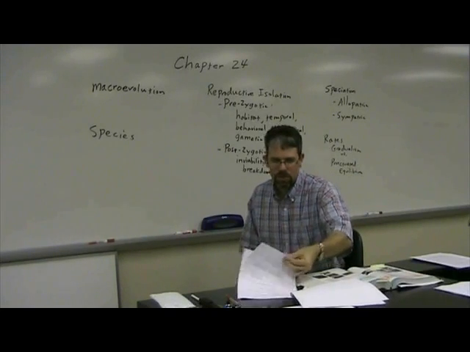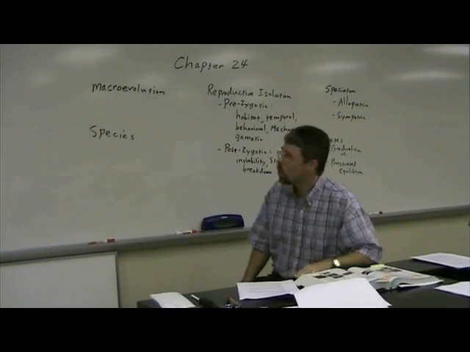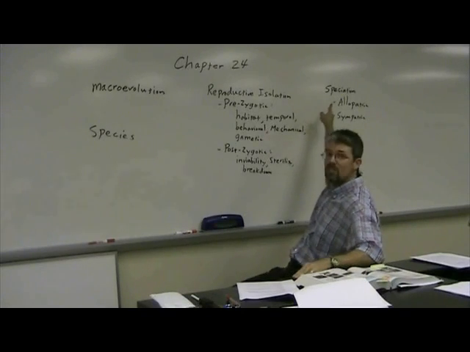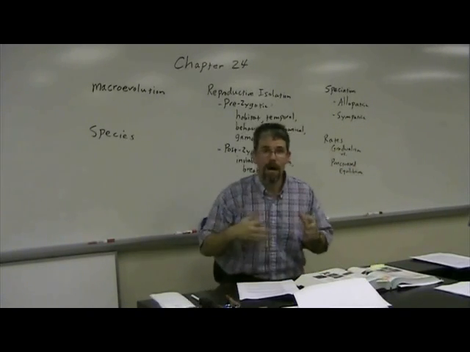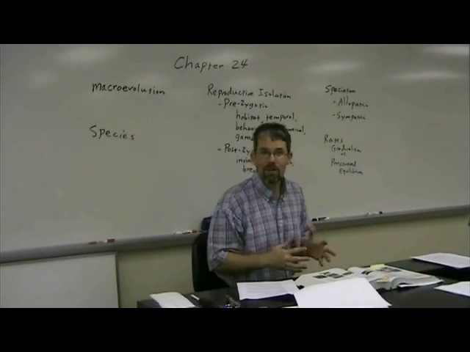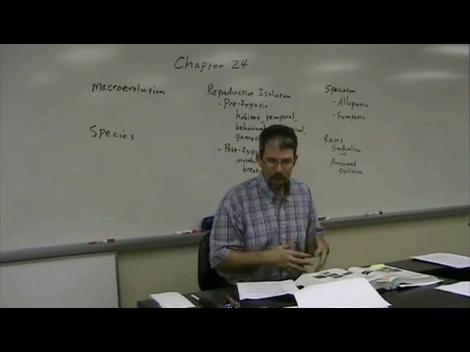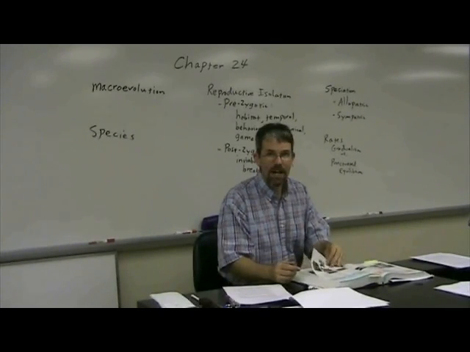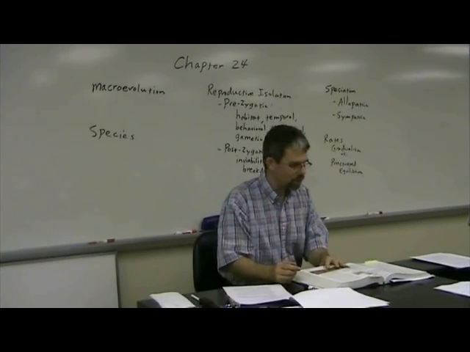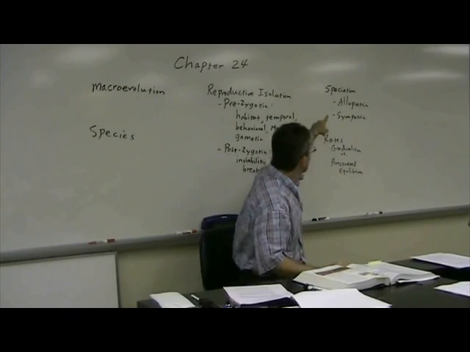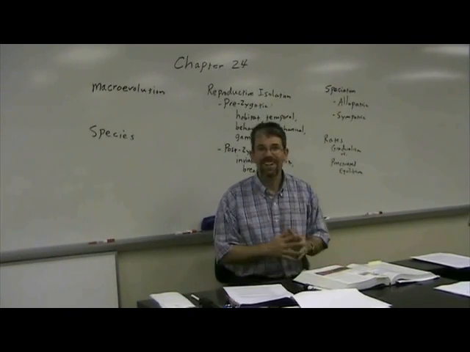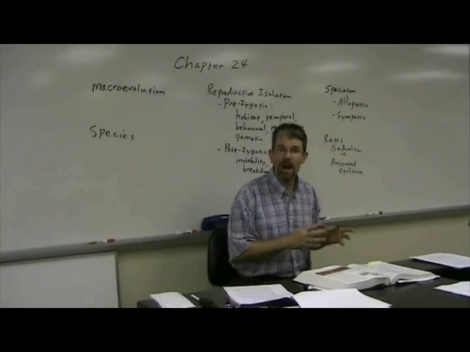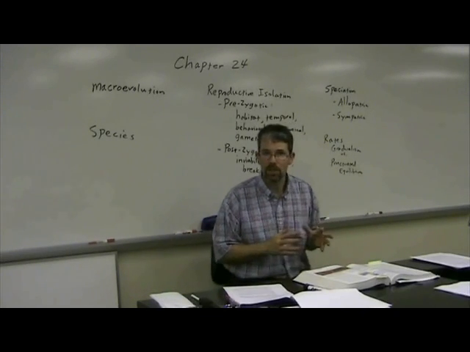In our notes, Roman numeral 2 talks about modes of speciation. Speciation is basically when populations of a species diverge into separate species. Two modes of speciation are discussed: allopatric speciation and sympatric speciation. Allopatric speciation is speciation caused by geographic isolation of populations.